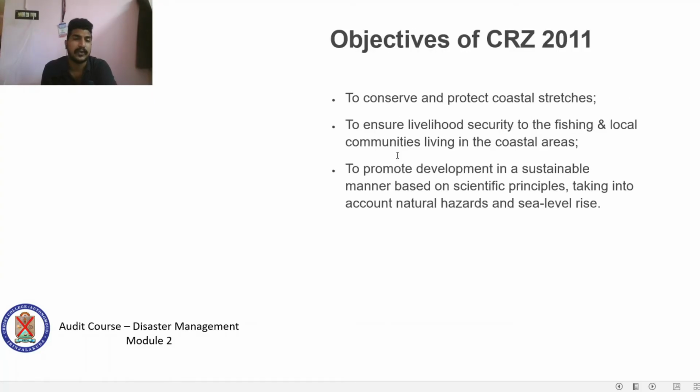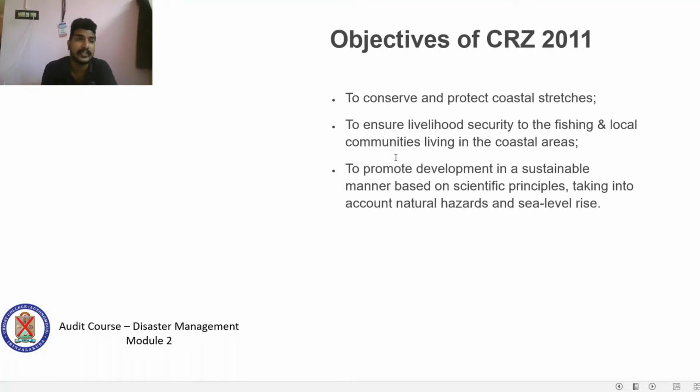When it was first declared in 1991, it had a lot of shortcomings, and it was amended. Amendments were made in 2011. The coastal regulation zone notification passed in 2011 has certain objectives. The first and foremost objective is to conserve and protect coastal stretches.